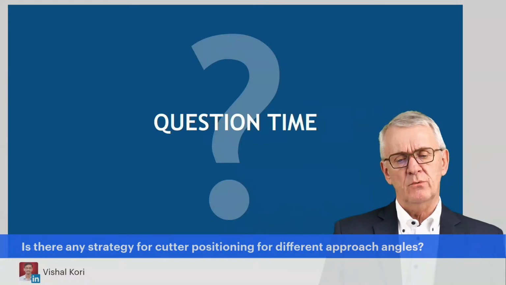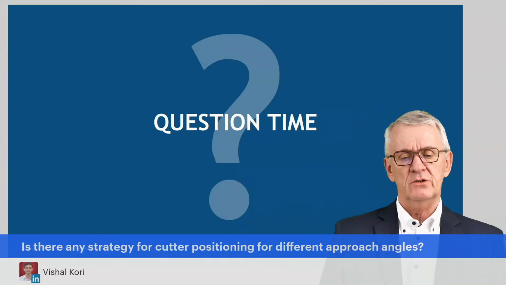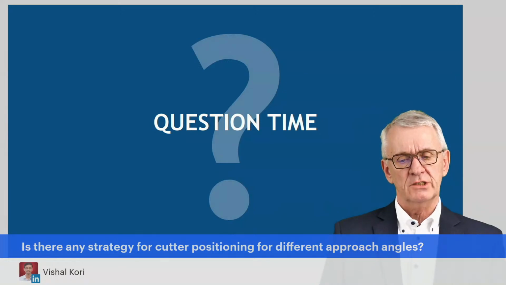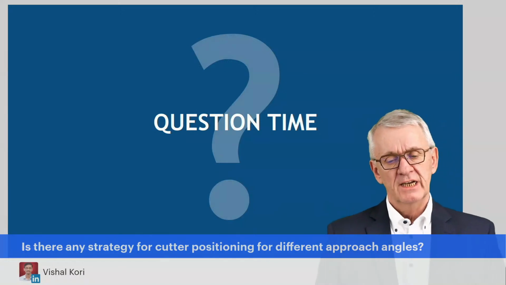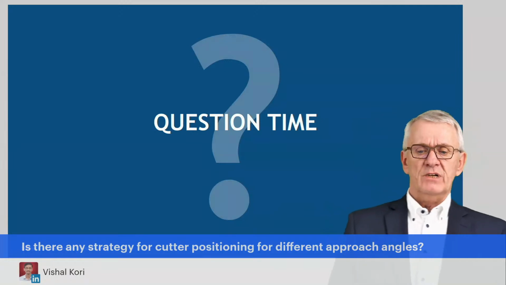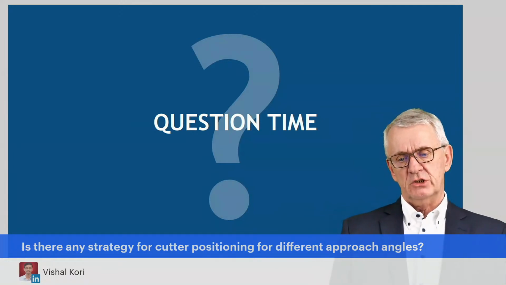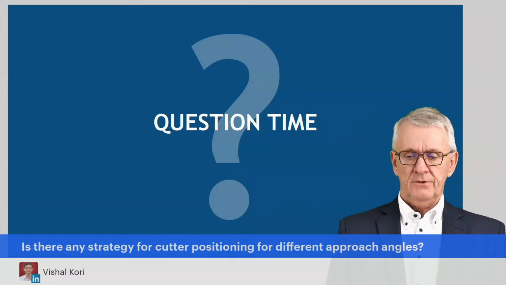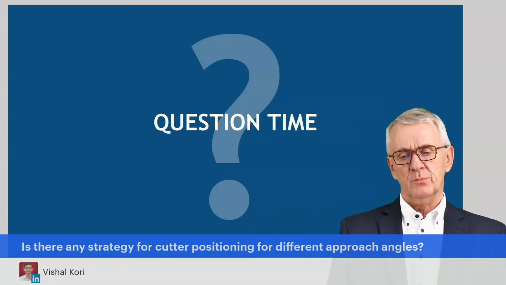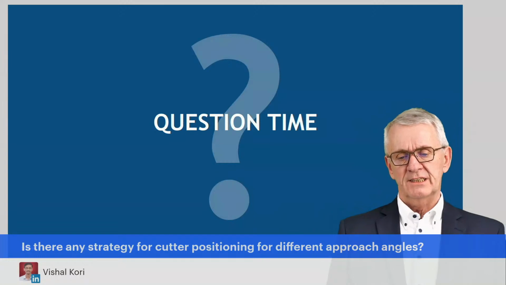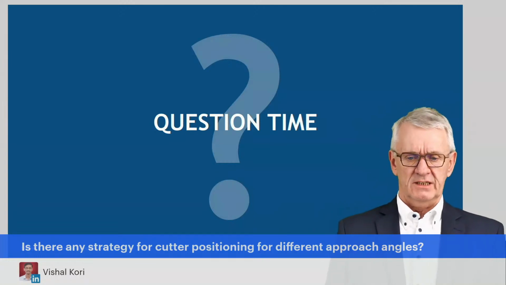The difference between the worst and the best, when you have smaller approach angles, is less critical than when you have bigger approach angles. When you have a 90-degree milling cutter, strategy is crucial. If you have a high feed milling cutter where your approach angles are rather small, it is important but less critical.